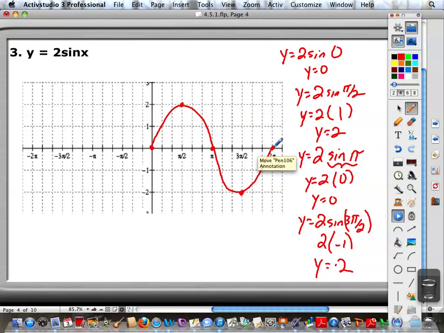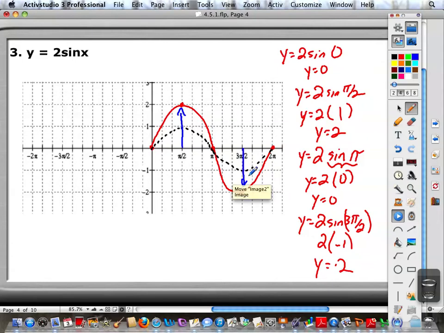So what's different? Well, if you remember, the initial graph was here. What changed was basically how far up and how far down those maximums and minimums were.